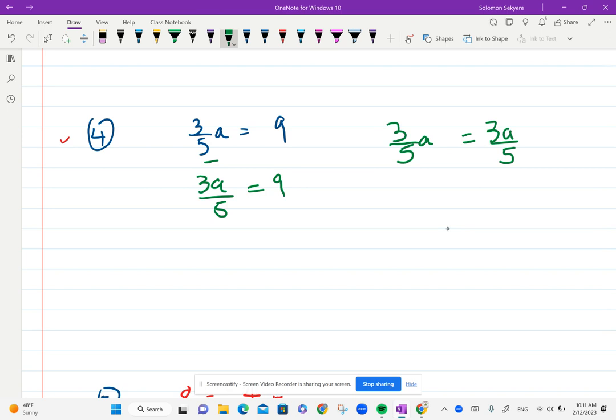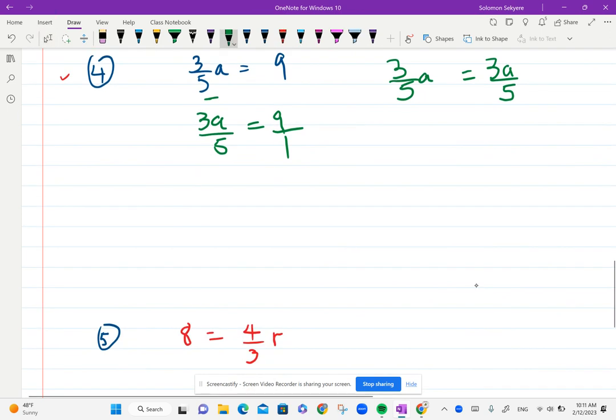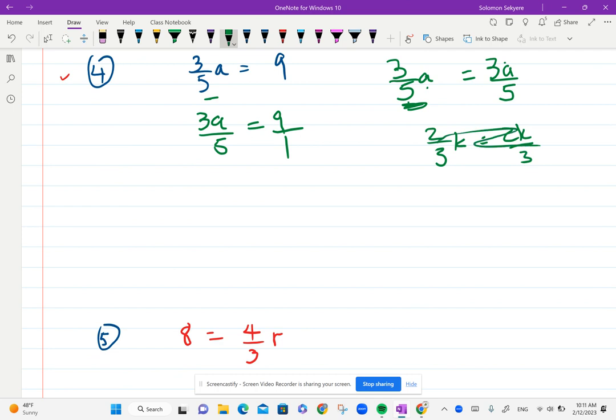What did I tell you? If you have just a whole number, make it over 1. So you have 3 over 5a, the same as 3a over 5. If you have 2 over 3k, rewrite it: this is 2k over 3. That's an example.